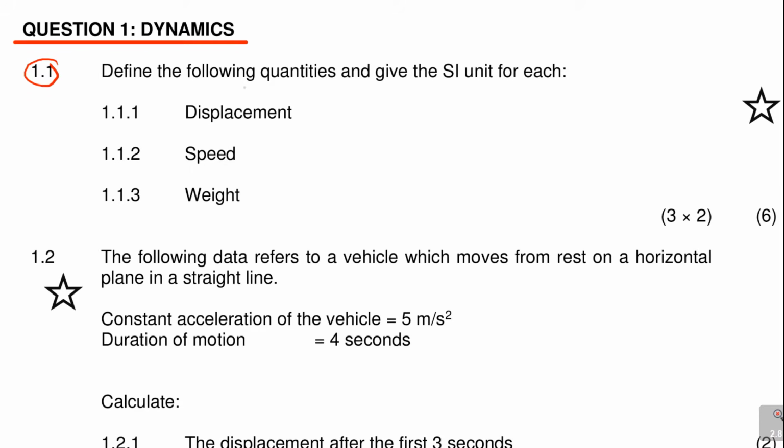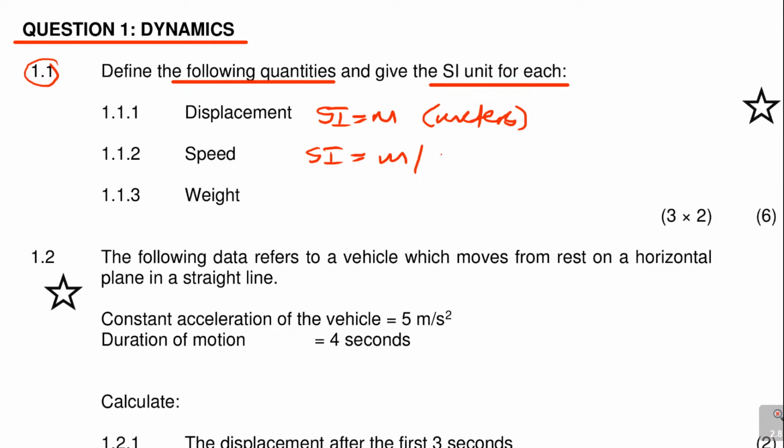1.1 says define the following quantities. So it's very important for you to know the definitions, and then it says give the SI unit of each. So let's start with the SI unit. Displacement. The SI unit of displacement is what? Is meters. You can write M or you can write it in full, meters. And the SI unit of speed here is what?